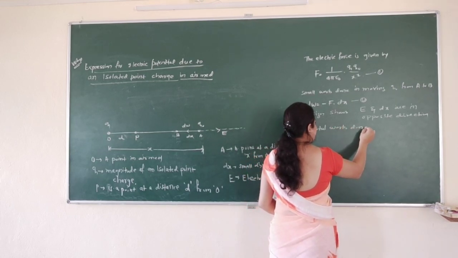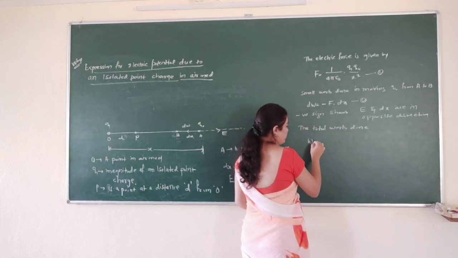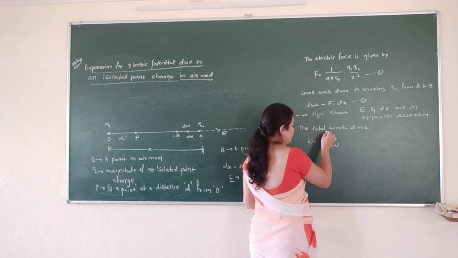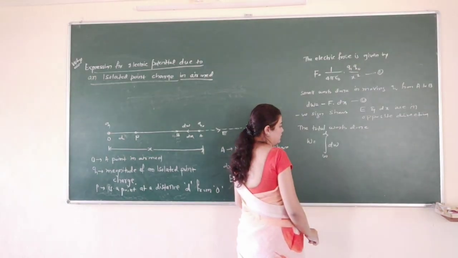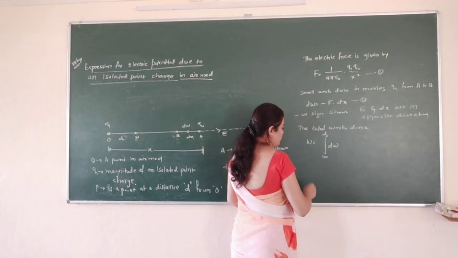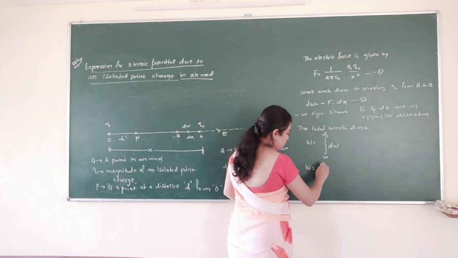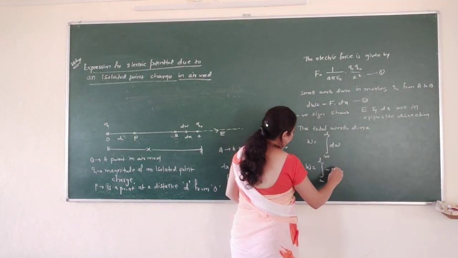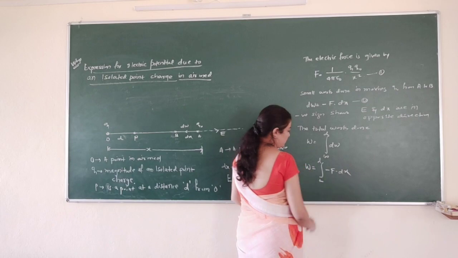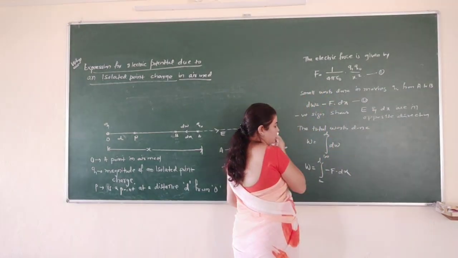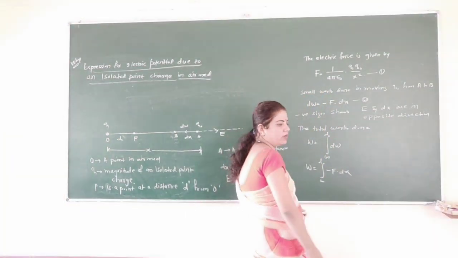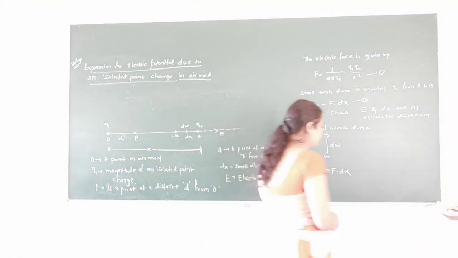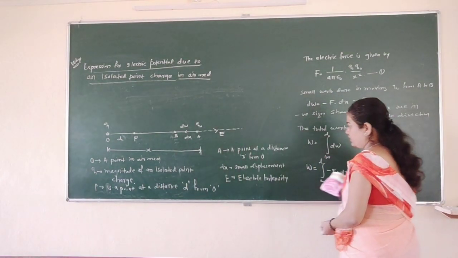The total work done, W equal to integral of dw from infinity to a point P which is at a distance d. Now introduce equation 2: infinity to d, dw is equal to minus F into dx. And what is F? Equation 1. Now substitute equation 1.